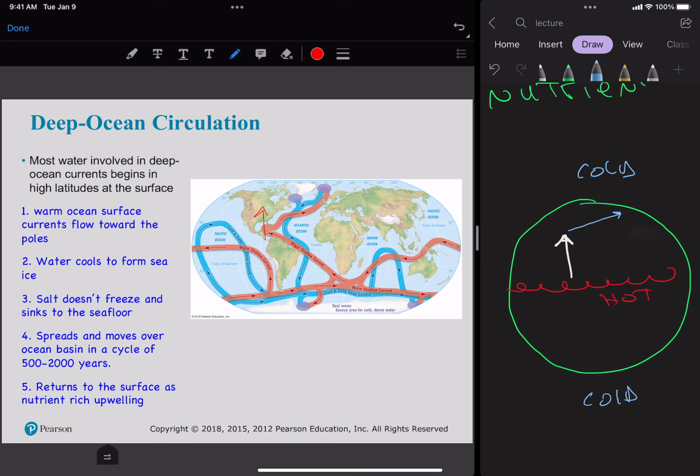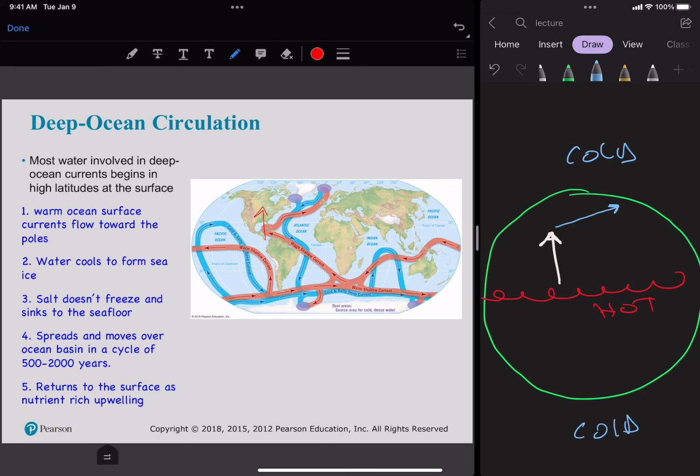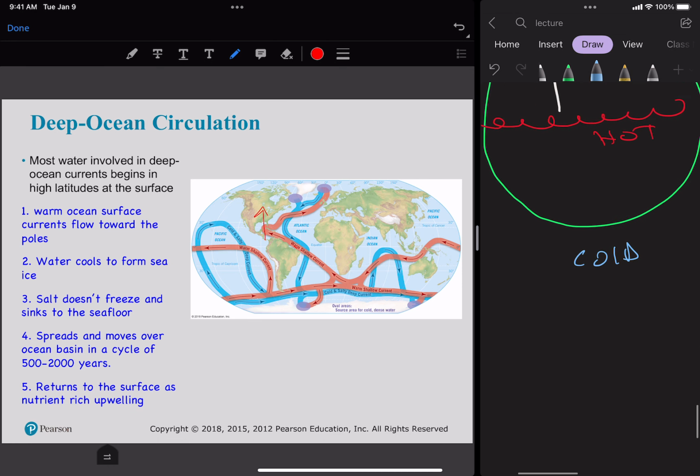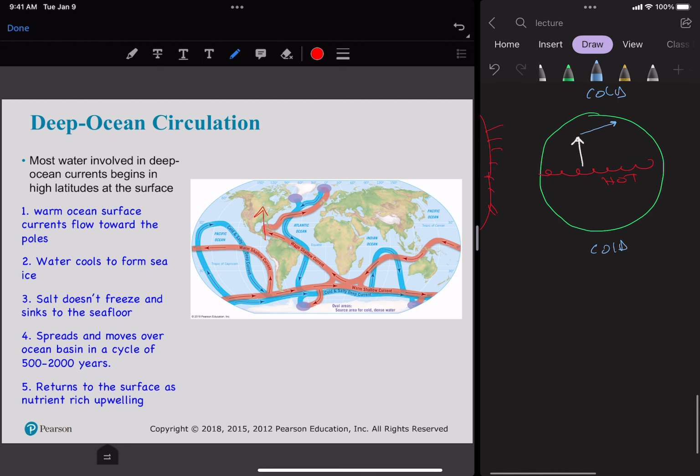But eventually, it's going to reach the poles. So once the water reaches the poles, I'll just write this here: ocean currents and air always follow this principle, that whatever is hot is going to move towards cold, and whatever is cold is going to move towards hot.